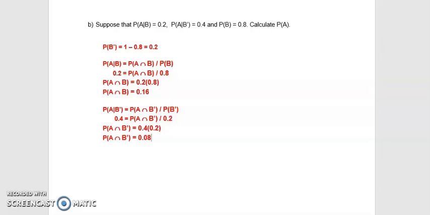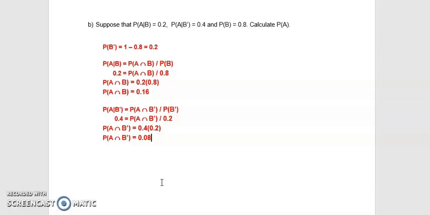Now we want to find probability of A. Here we have probability of A intersect B and probability of A intersect B prime. As I said before, if you have something like this, with B prime or A prime, use a Venn diagram to help you answer the question.